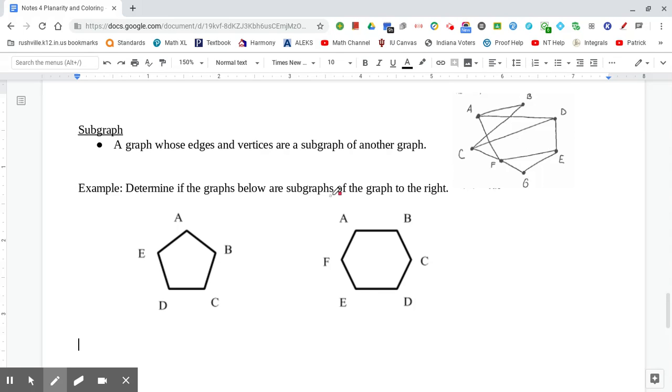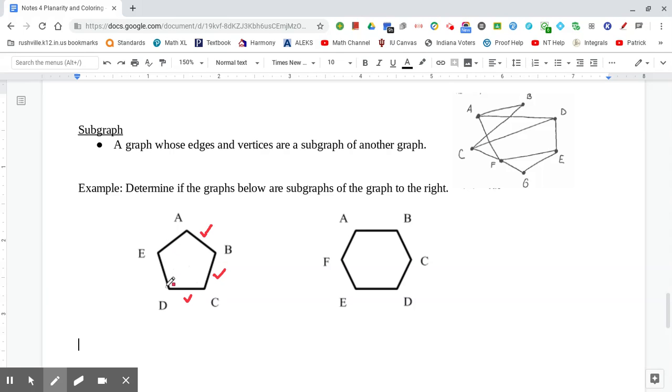So first thing I'm going to do is check vertices. So A, B, C, D, and E. So A, B, D, C, and E. So yes. Now I'm going to check edges. So A to B, right there. There is an edge connecting A to B. So that one's good. B to C, there is an edge. So that one's good. D to C, I found it right there.